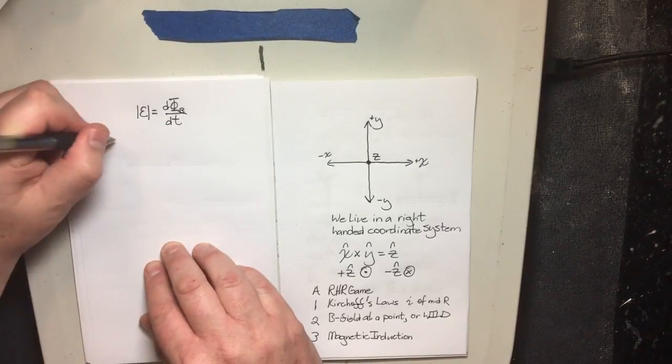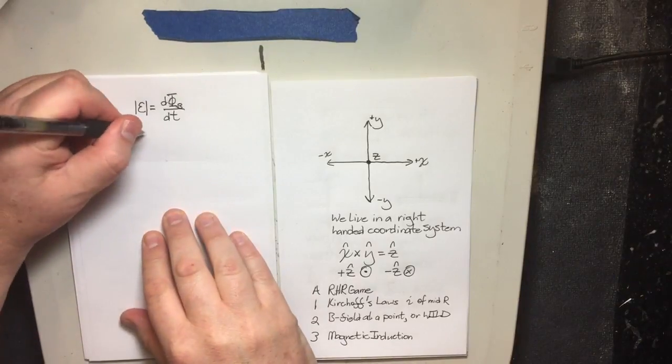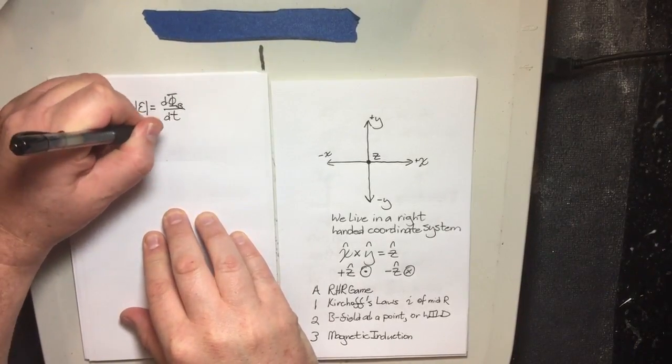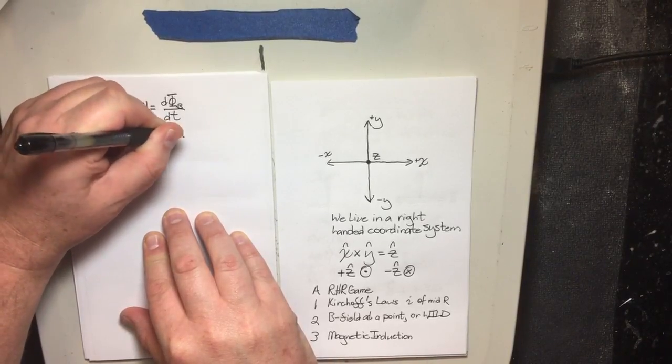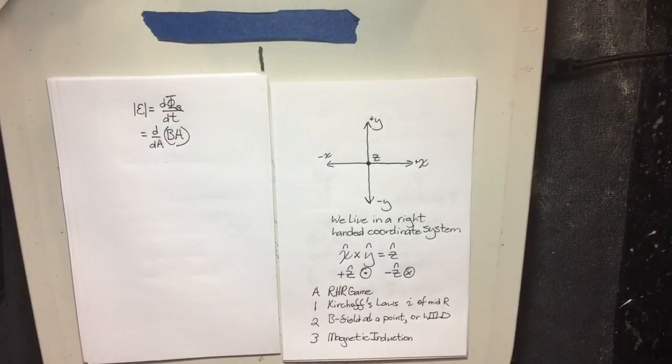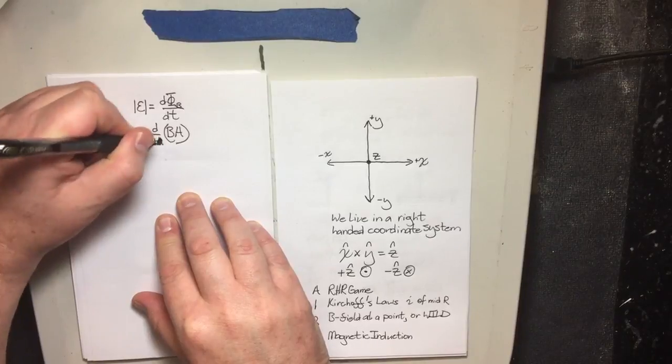Because we are limited, the magnetic field has to be perpendicular, and the magnetic flux is B field times area. Oh, I'm sorry, not dA, dt.